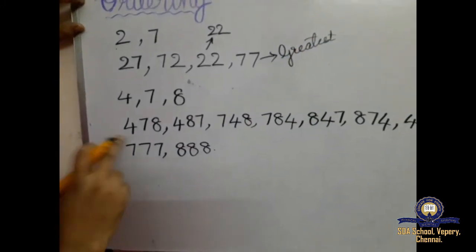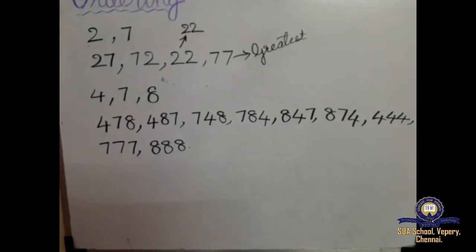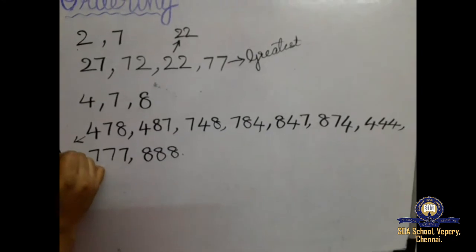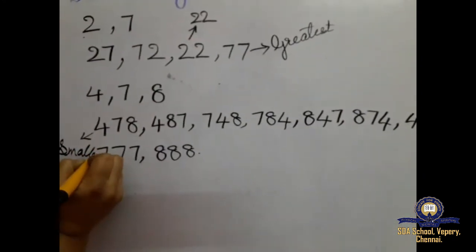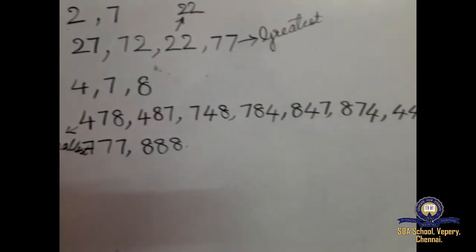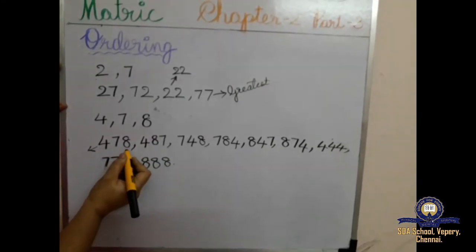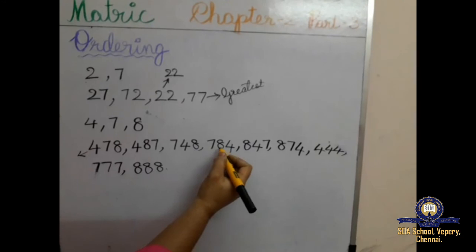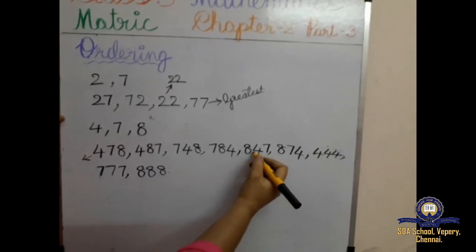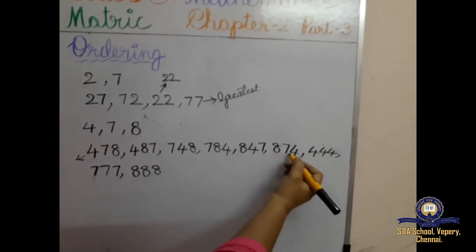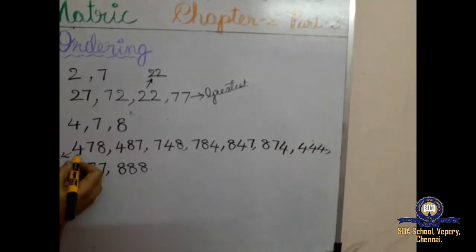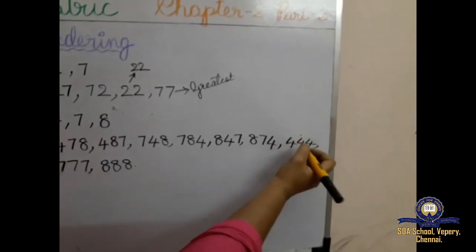In the same way, here what is the smallest number? 478, 487, 748, 784, 847, 874, 444. So 478 is here and 444 is here.